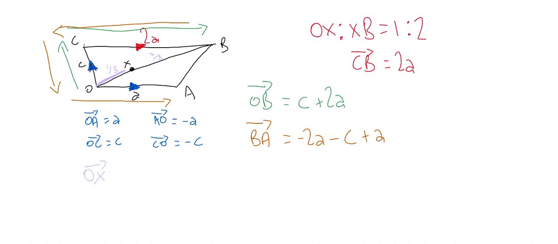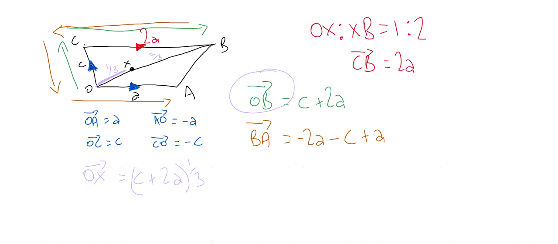Now, we have already worked out OB. We can already get from O to B, correct? It's C plus 2A. But I only want 1/3 of that length. So actually, I'm going to multiply this by 1/3 because I know OB and I know that this bit is 1/3 and this bit is 2/3.